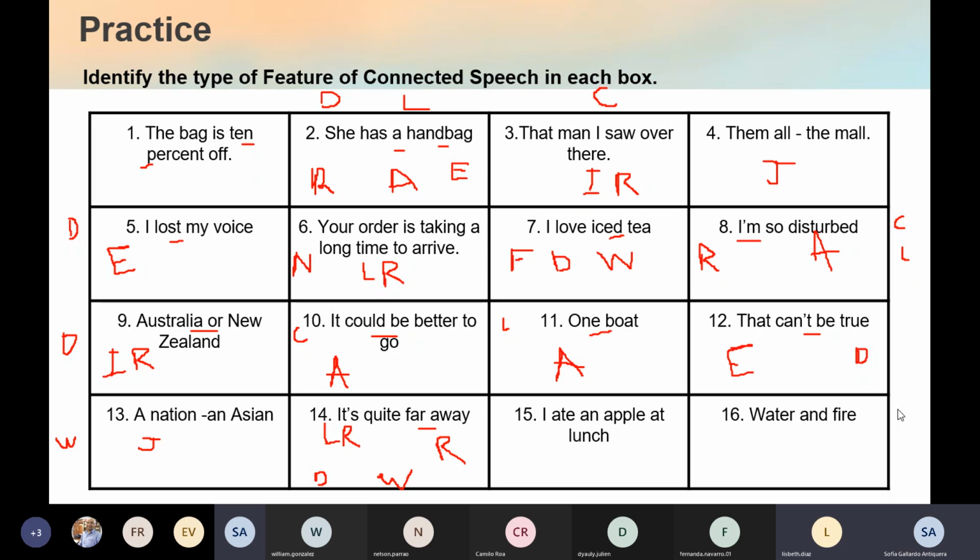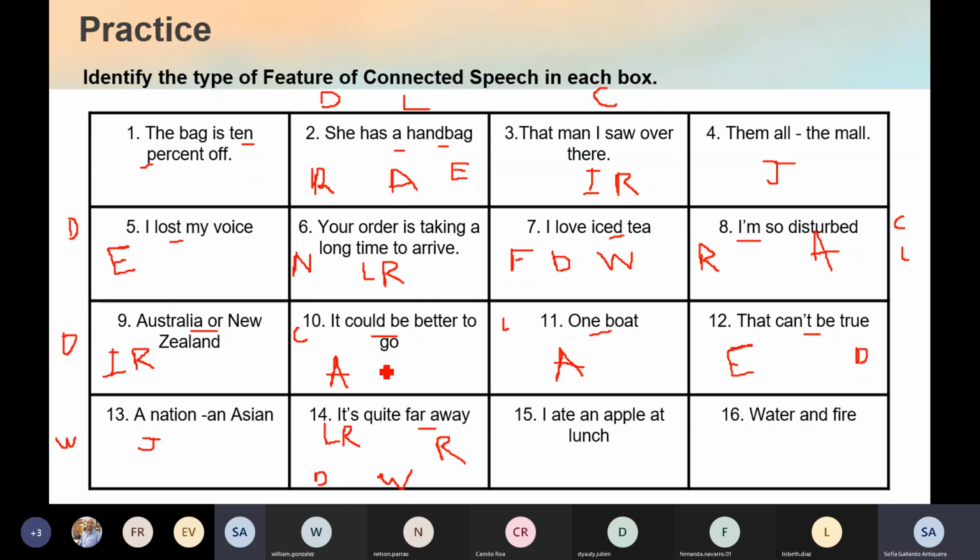Could you read the sentence with the intrusive R? I ate an apple. Okay, I don't think there is an intrusive R here, but there is one that is quite similar, but it's not with R. Should I give it to you? Do you have any ideas what this could be?